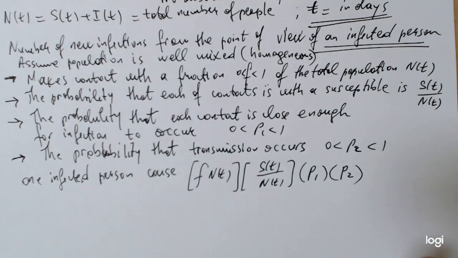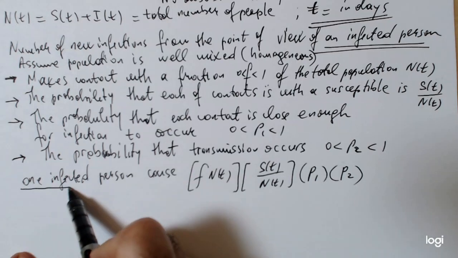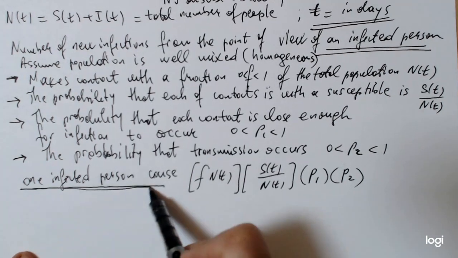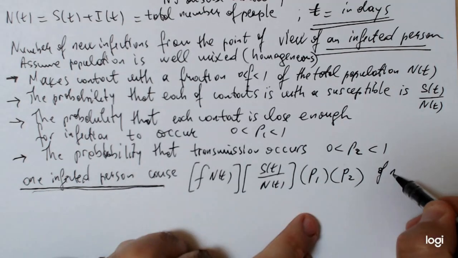It'll get much easier than that, so don't worry. I just want to explain where these terms come from. So this is what one infectious person produces or causes. One infected person causes that many new infections.